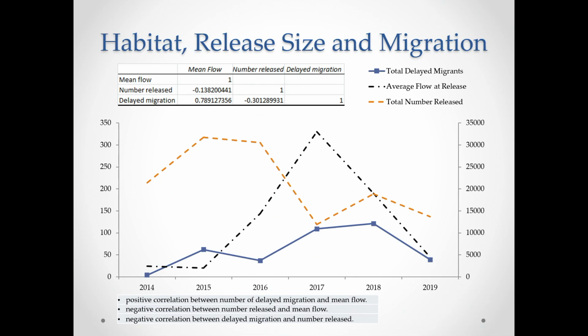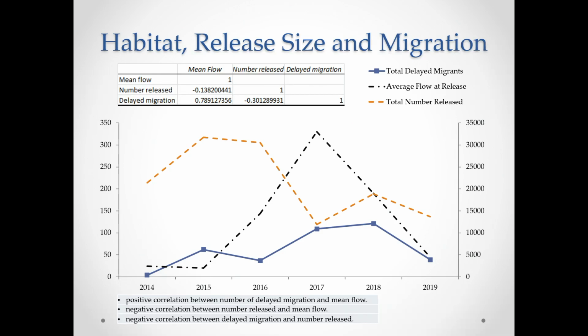This slide, I'm going to say up front, the correlation was okay between some of these factors, but there was really low confidence in a lot of it. So take some of it with a grain of salt.